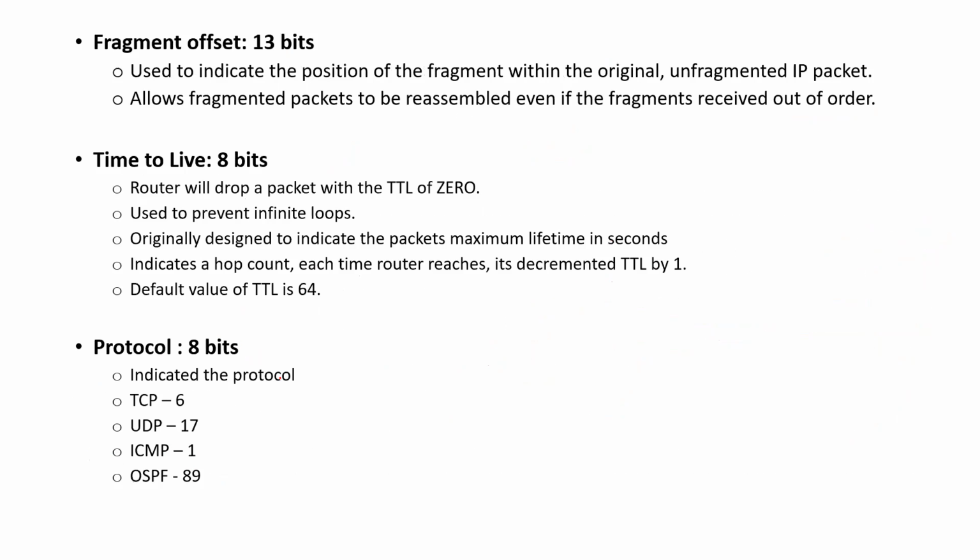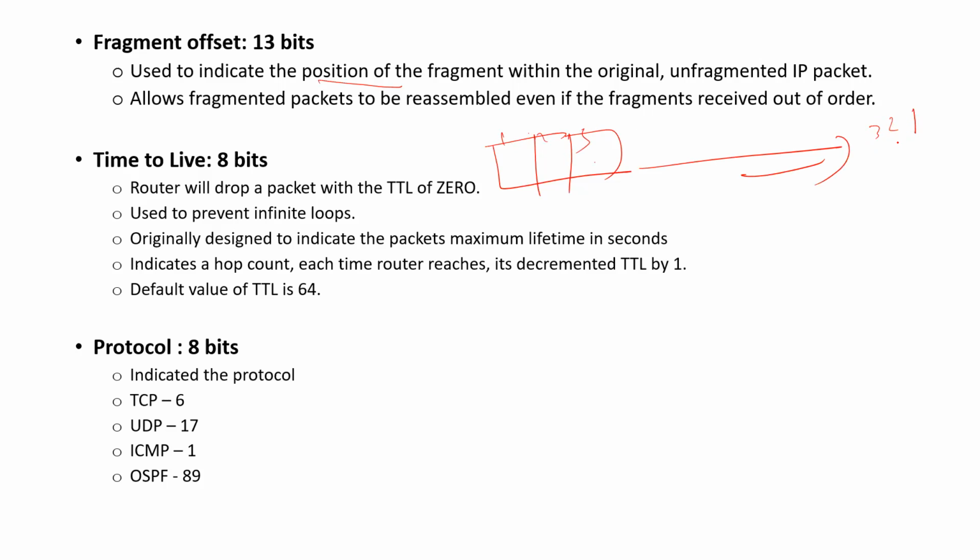Next one is fragment offset. We were discussing what fragmentation is. What fragment offset does is tell the position of the fragment. Suppose the data is divided into multiple fragments, 1, 2, 3. While receiving, there is no guarantee that 1 is received first, then 2, 3.